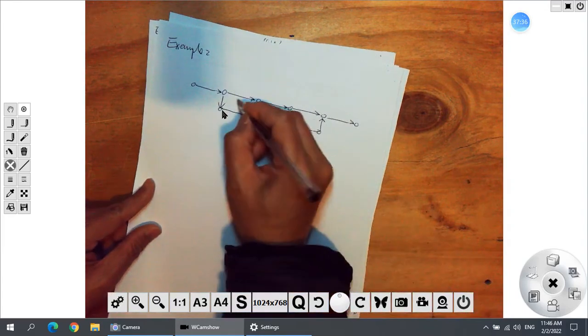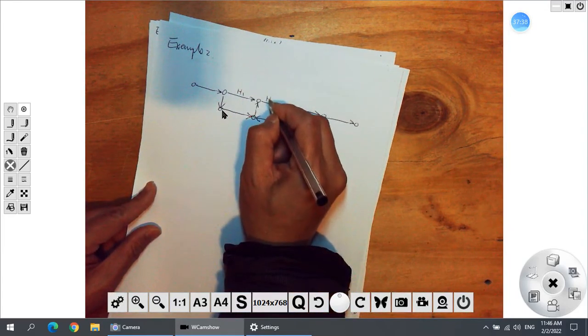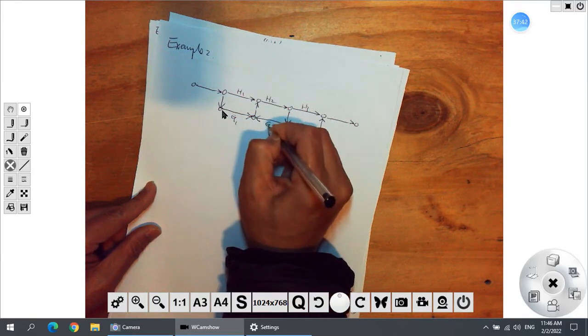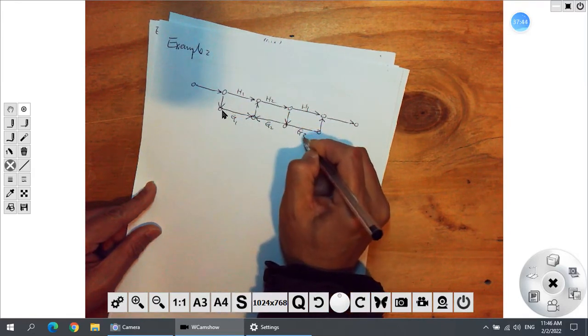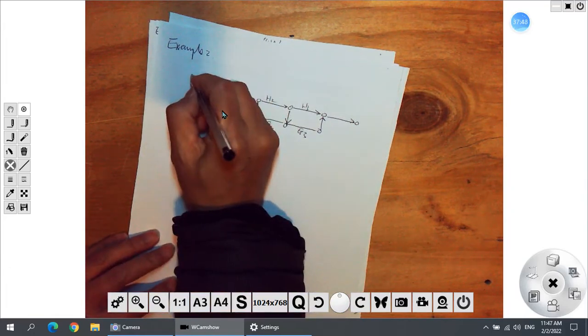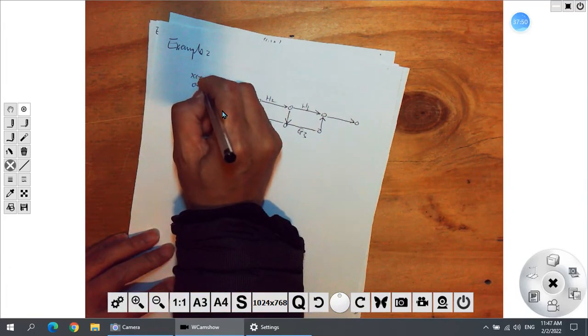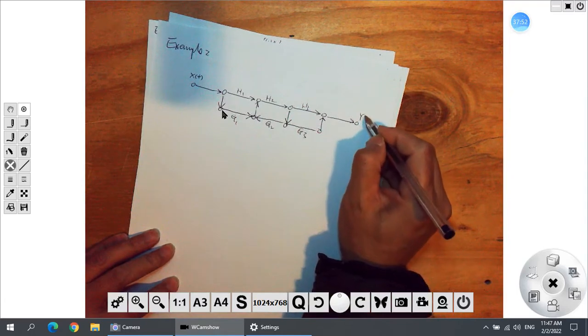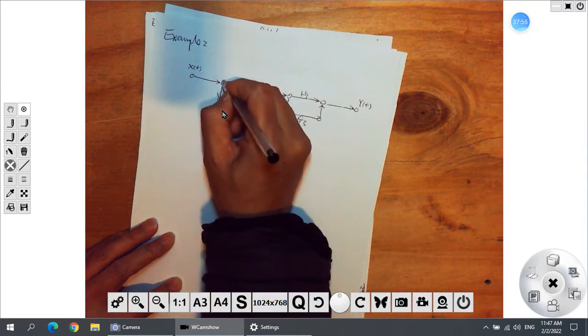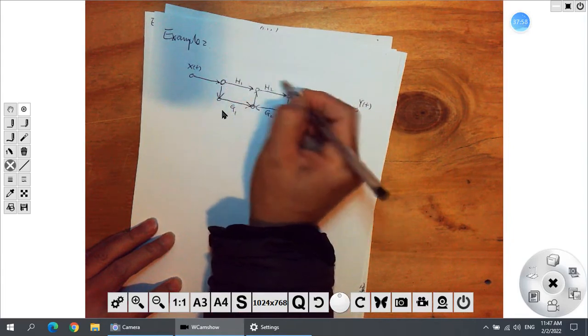And I have H1, H2, H3, and G1, G2, G3. Here's an input X, and here's the output Y. I select any one, like this one is a W.